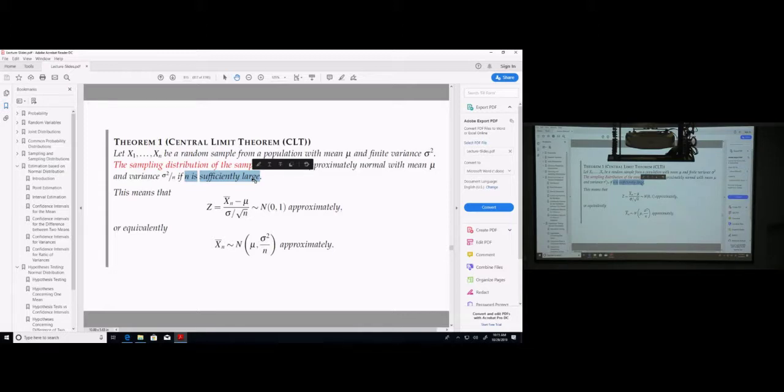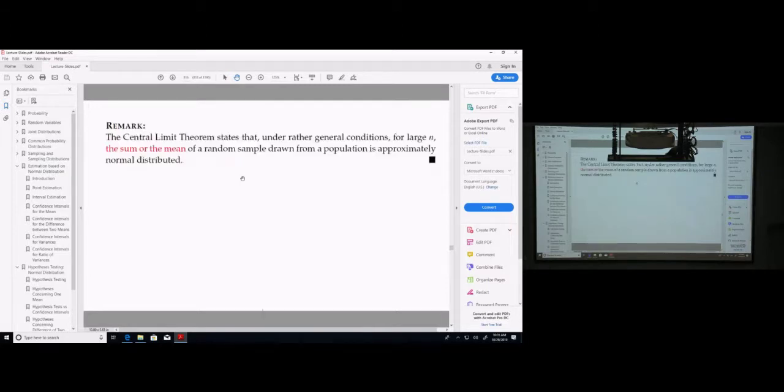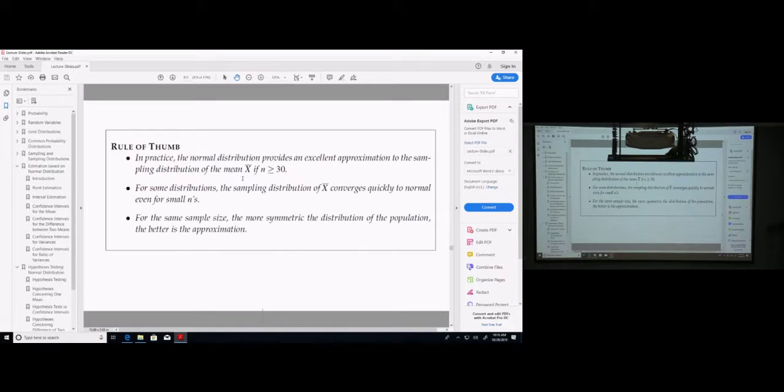If you want it to be very general, then your sufficiently large would be very large in order to cover more cases. But if you look at specific situations, it can be small. So here the rule of thumb is that n is bigger than or equal to 30. I think we have covered this. Again, don't take it too dogmatically because it is just a guideline.